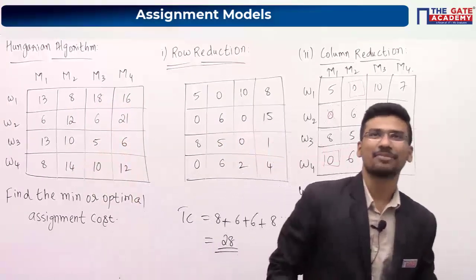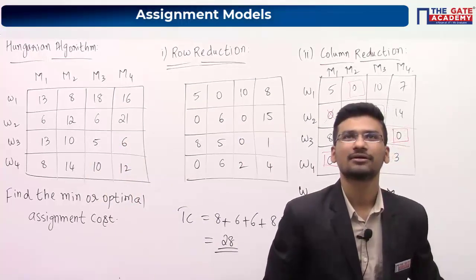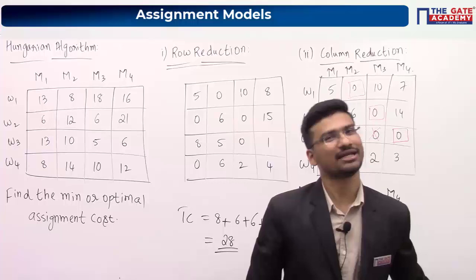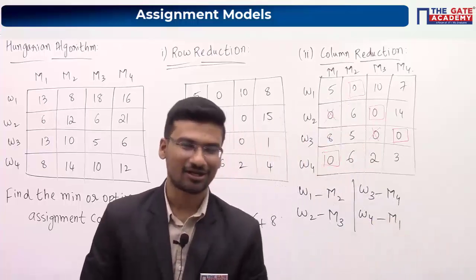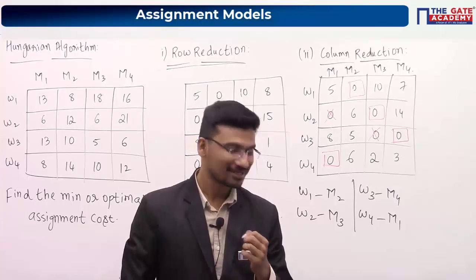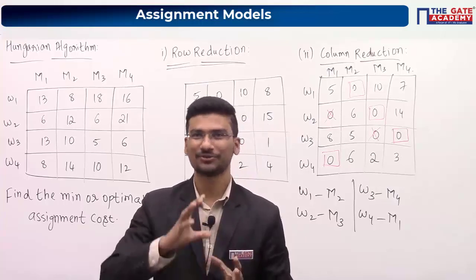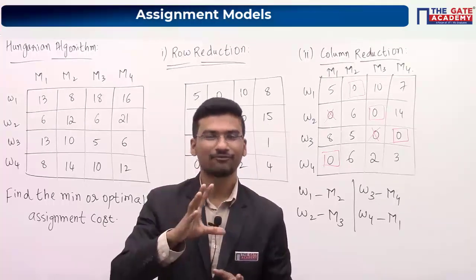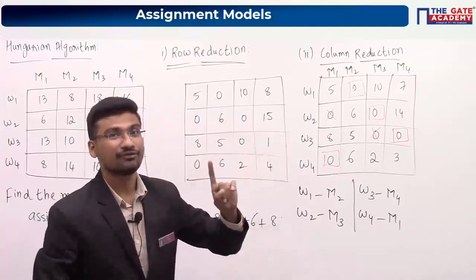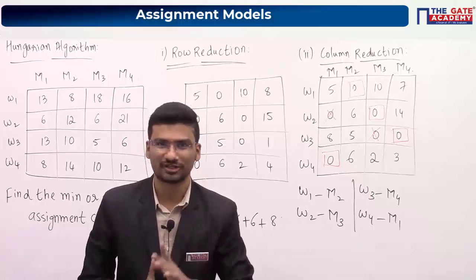Okay, so some other doubts. Column reduction is done first, will it affect the answer? Shrimay, it will definitely affect the answer. You can do column reduction first also. I don't want to confuse you now, but what we have done here is row reduction, column reduction, and we have looked for single zero rows first.